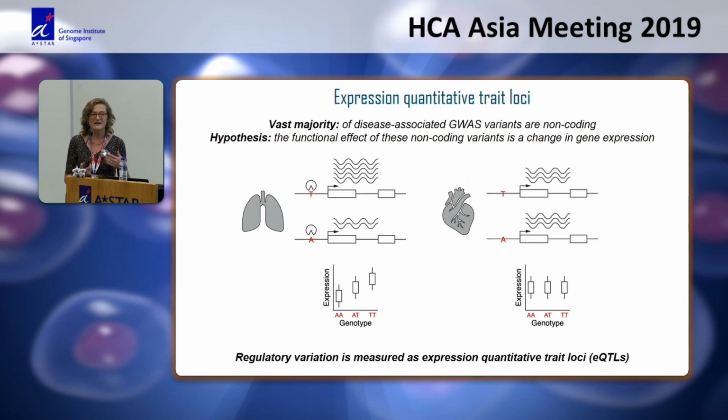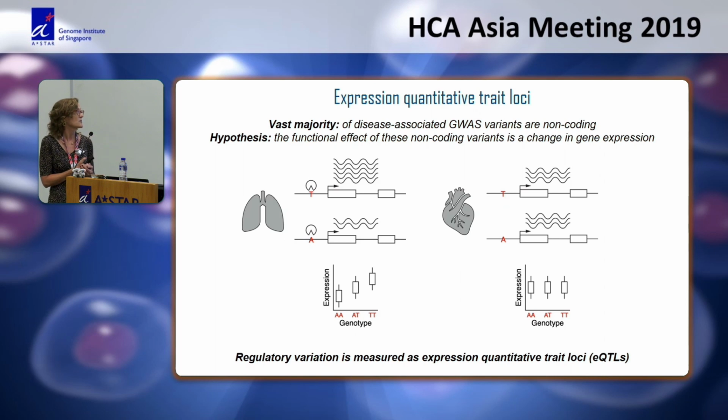So for those of you who are unfamiliar with the GTEx project, although it sounds like from my introduction everyone ought to be familiar with it, it stands for Genotype Tissue Expression Project. And it came on the heels of the disease-associated GWAS variants that were discovered for all the complex diseases, so right after the GWAS era, and the observation that the vast majority of those associated variants are non-coding.